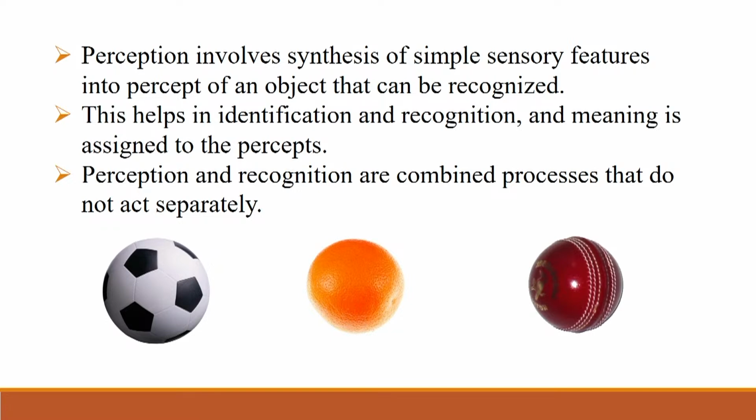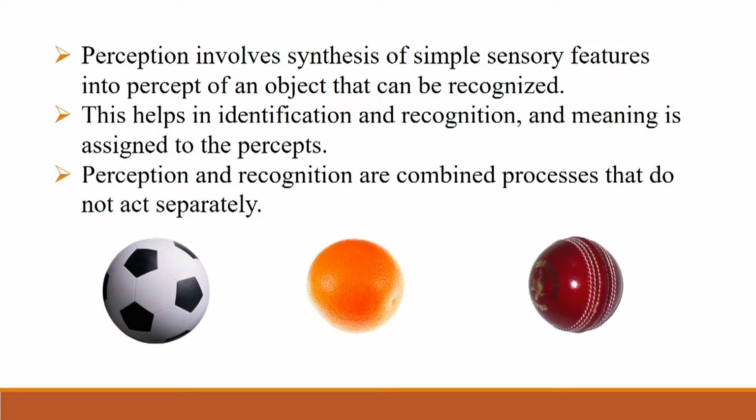These are three objects which have a similar shape, but they are different in color. When you see these physical objects and this information goes into your brain, you process it and come out with a perception that the first one is a football. And you are very specific that it is a football, although the third option is also a ball, but a different type of ball.